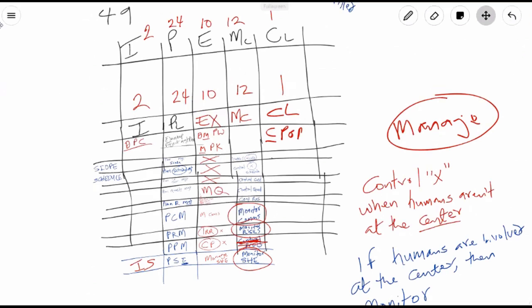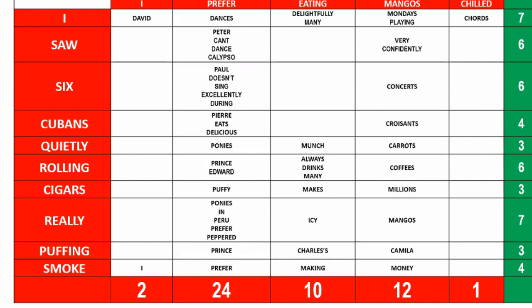Let's go. For integration: David dances delightfully many Mondays playing chords. Develop project charter, develop project management plan, direct and manage project work, manage project knowledge, monitor and control project work, perform integrated change control, and close project or phase.